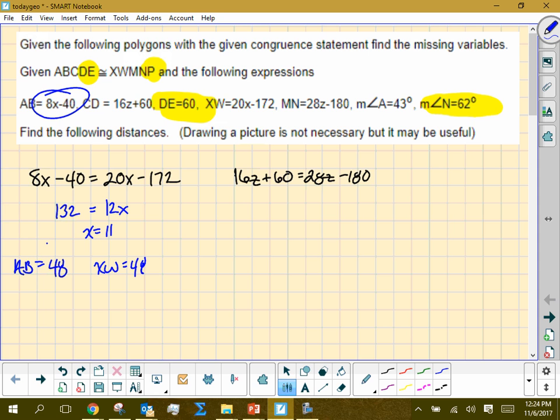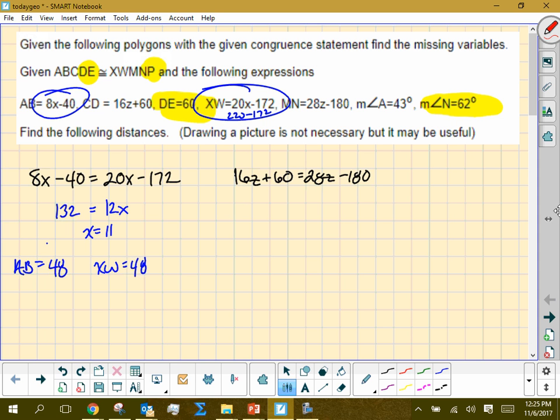XW should be 48 because they were corresponding parts, right? Well, let's double check. If I plug in 11 right there, I get 220 minus 172. That's 48. Is that doable? So that verifies that I've probably done some things correctly so far.